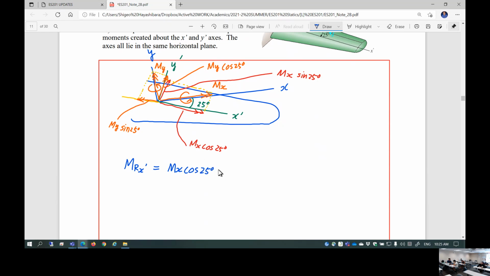This is negative, so negative My sine 25, where Mx is 17, isn't it? 17 kip foot cosine 25 minus My, 25 kip foot, sine 25.